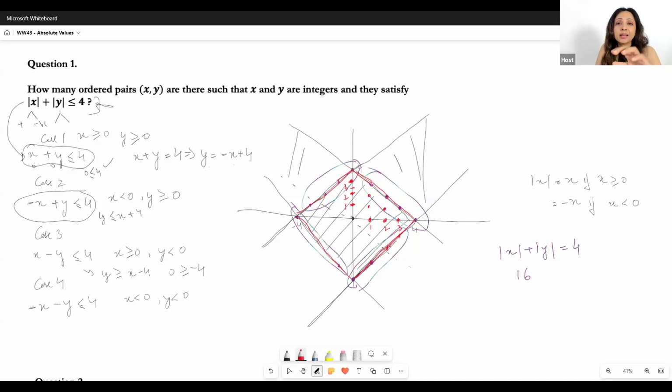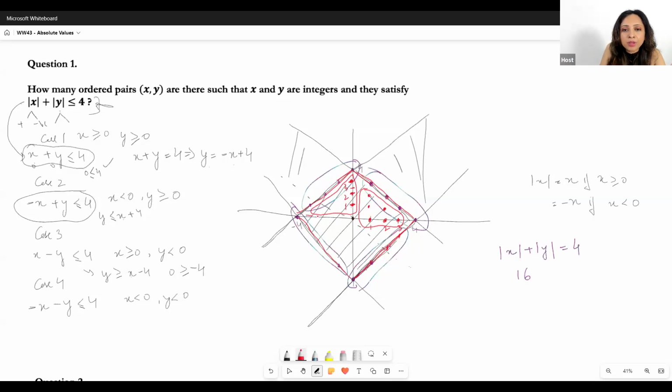So, again, I have to look for a pattern, right? I have to look for something that is going to help me, let's say, multiply by 4, because it's a symmetrical figure. I don't want to count everything. If I say 1, 2, 3, 4, 5, 6, and then 7, 8, 9, there's a possibility that I make a mistake. So I don't want to do that. So I say, okay, so in my first quadrant, I'm going to count these particular 6 points. Then I'll similarly have 6 points in my second quadrant where I include these 3 points as well, right?